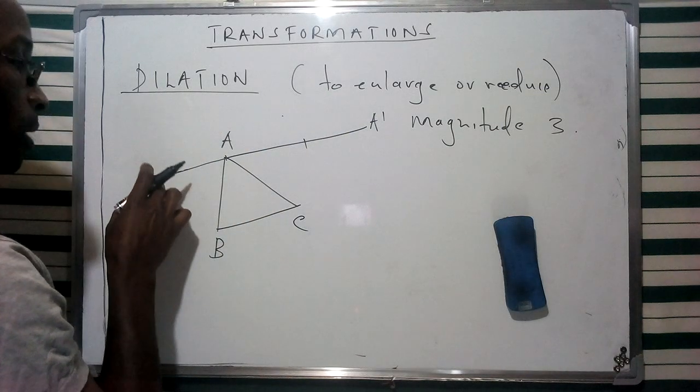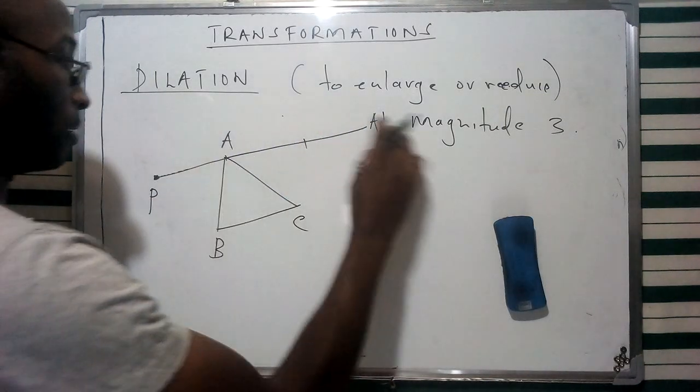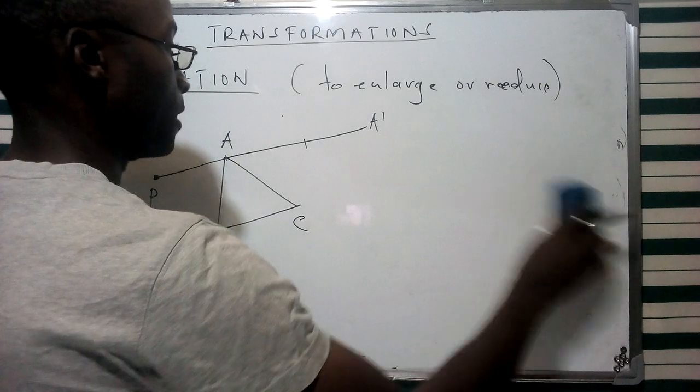So from this center point P, I've been able to translate A to A prime by a factor of 3.